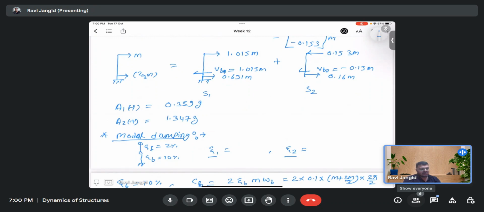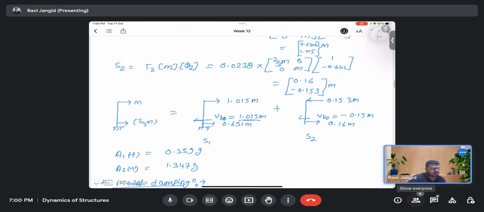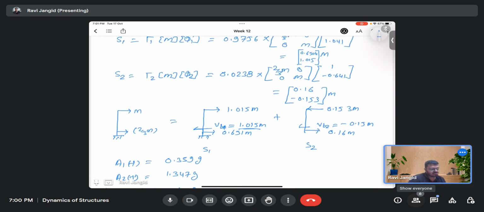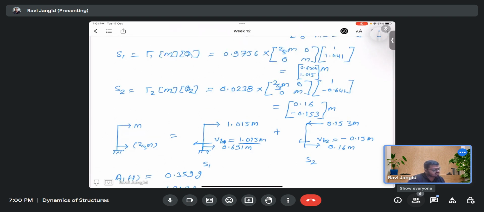So that is 1.015 Γ, and that is minus 0.015, not 0.15, so that would be 0.016.